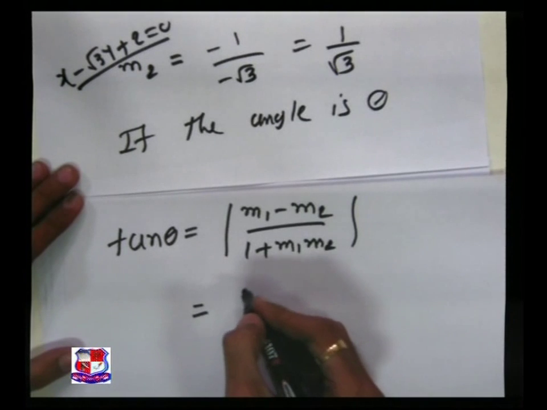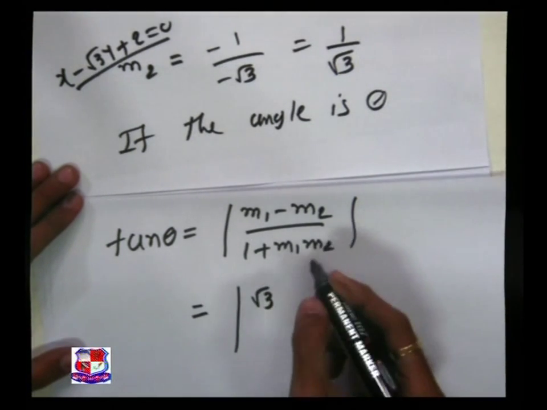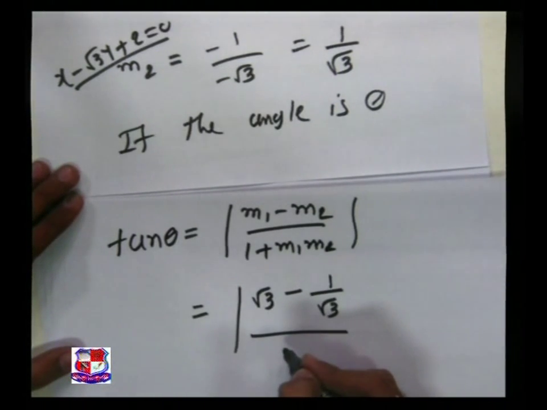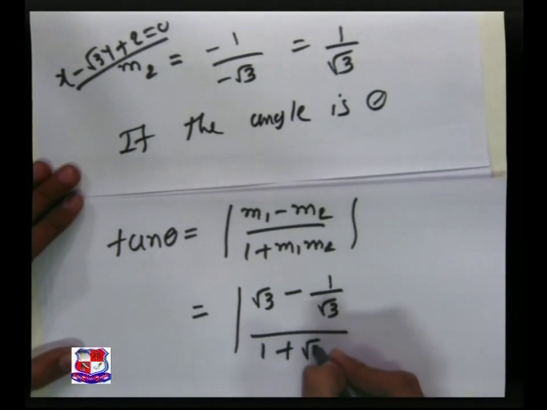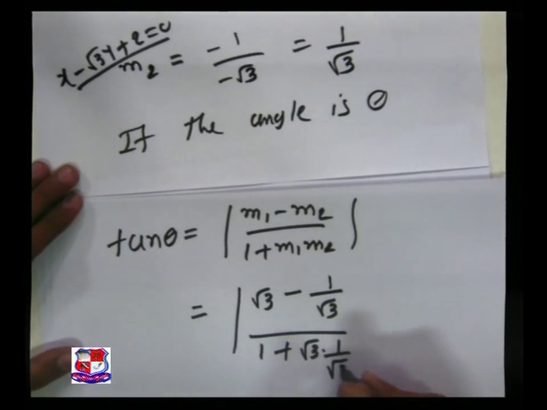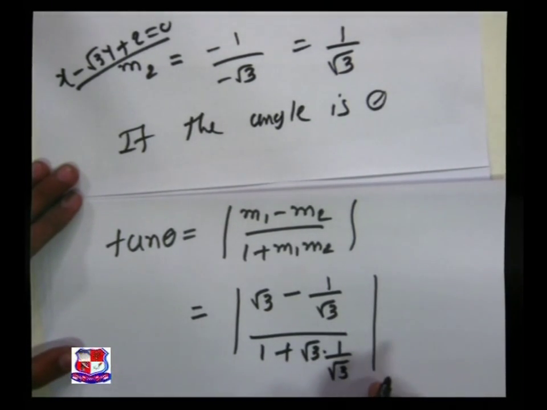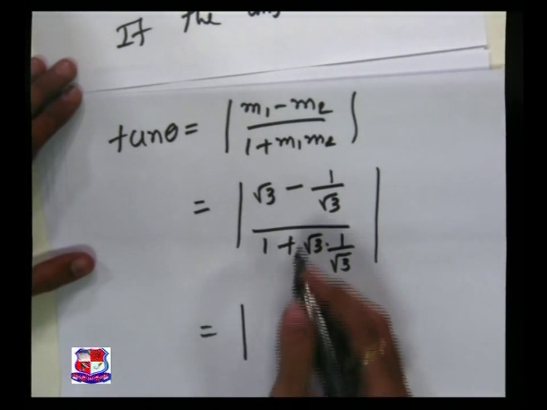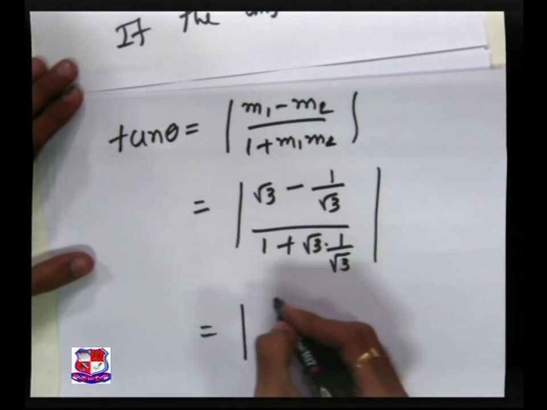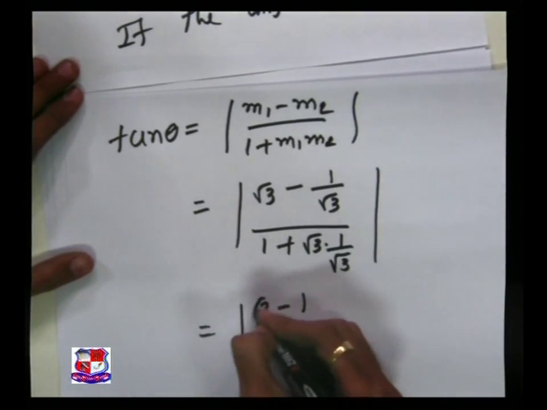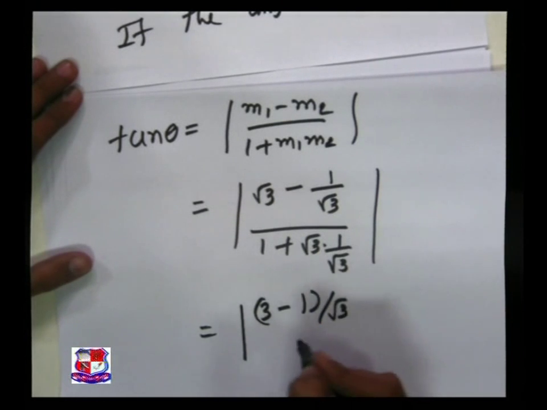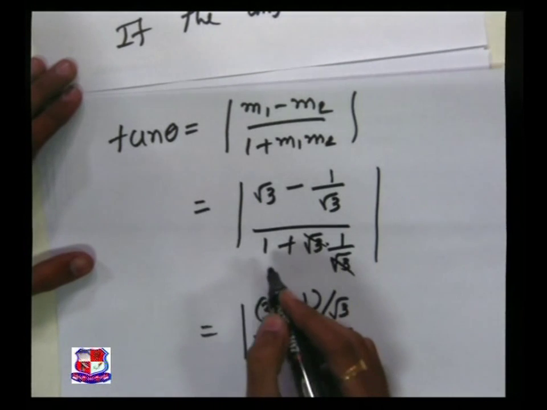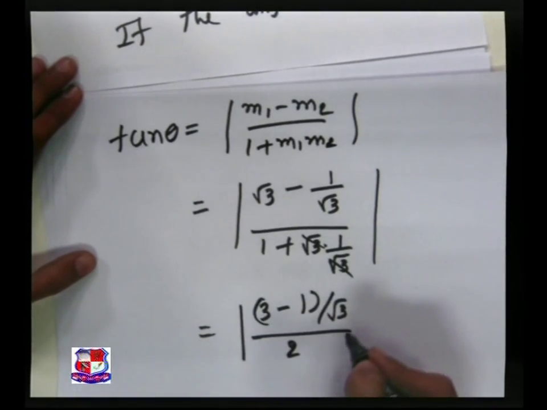So tan theta = modulus of (√3 − 1/√3)/(1 + √3 · 1/√3). By simplifying, √3 into √3 is 3, so (3 − 1)/√3 upon, here √3 will be cancelled, so 1 + 1 is equal to 2.